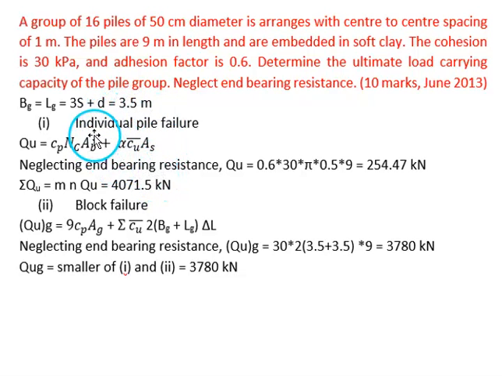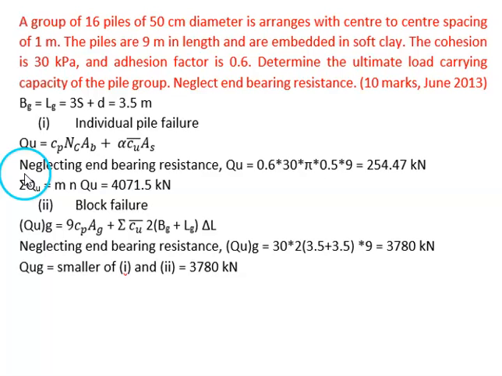Then by considering the individual pile failure, ultimate load carrying capacity of a single pile equals Cp NC into Ab plus alpha into Cu bar into As. Here Cp is the cohesion at the pile tip, NC is 9, Ab is the area of the pile at the base, alpha is the adhesion factor, Cu bar is the average cohesion, and As is the surface area.